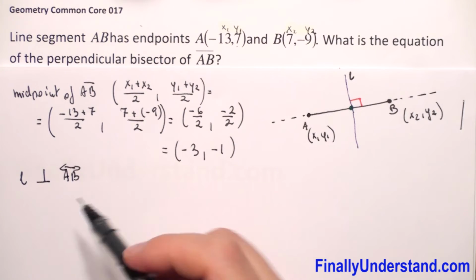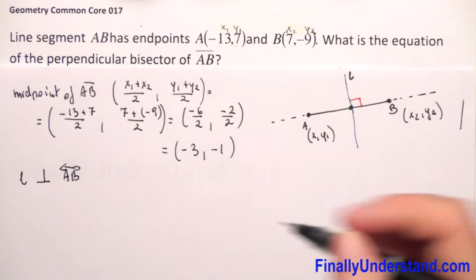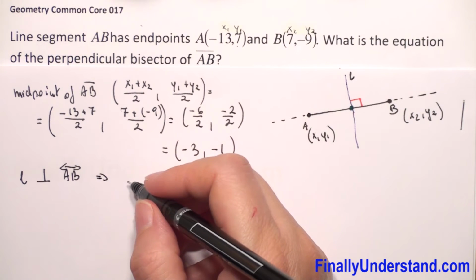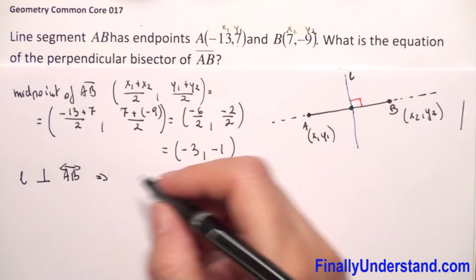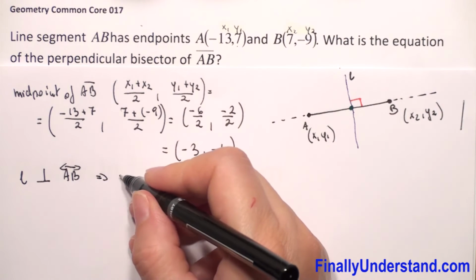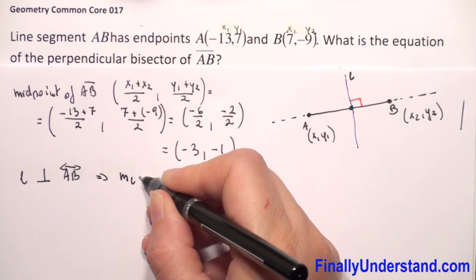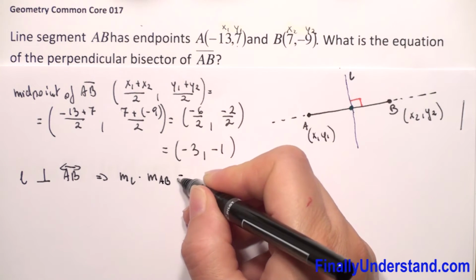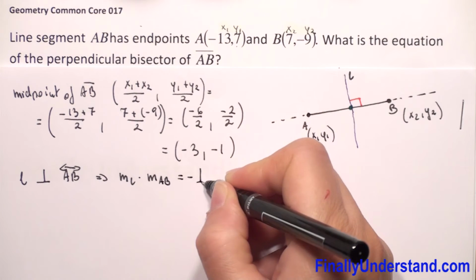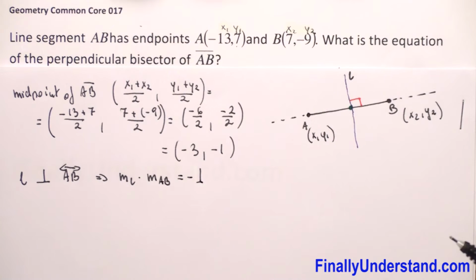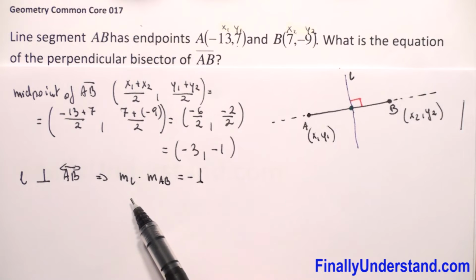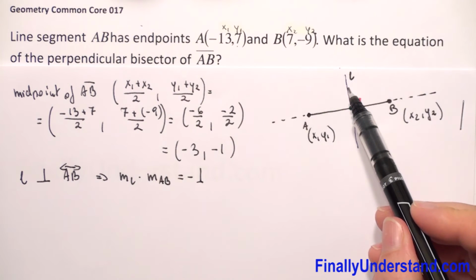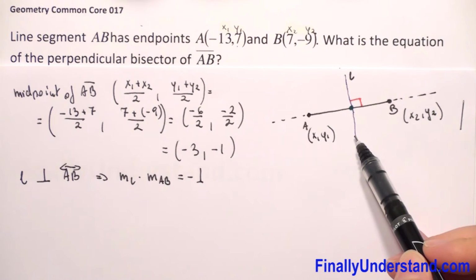And we know that these two lines are perpendicular when the product of the slopes of these two lines, so ML times the slope of line AB, must be equal to -1. So we need the slope of line AB. The slope of L we don't know, we have to find this.